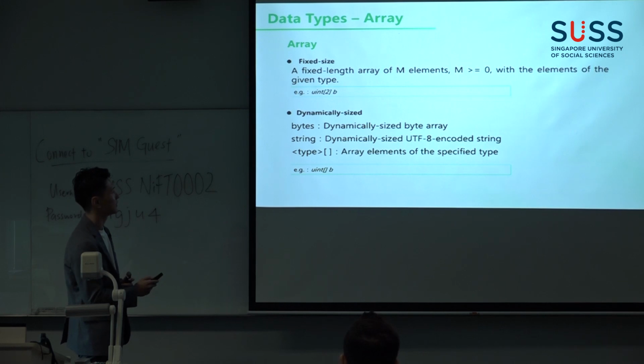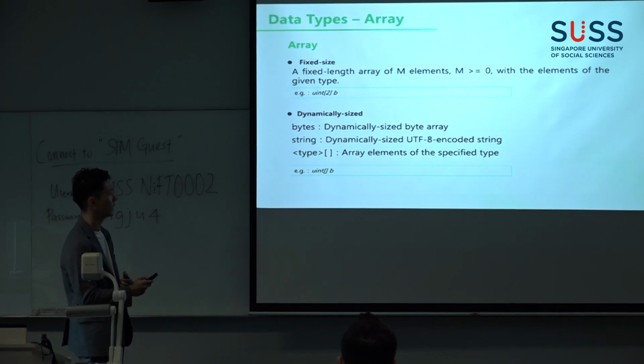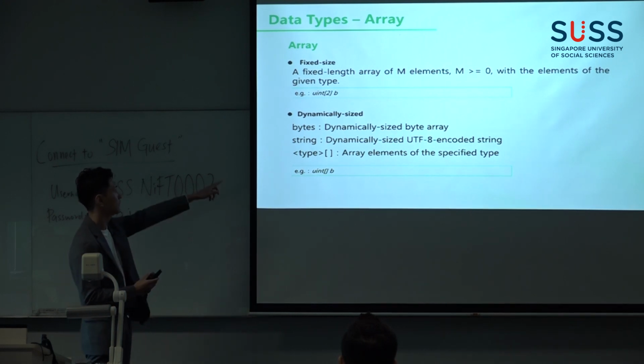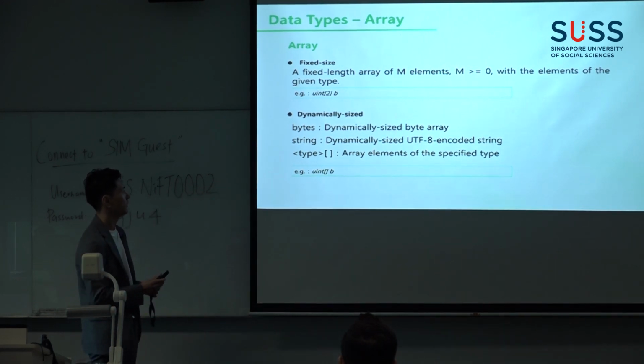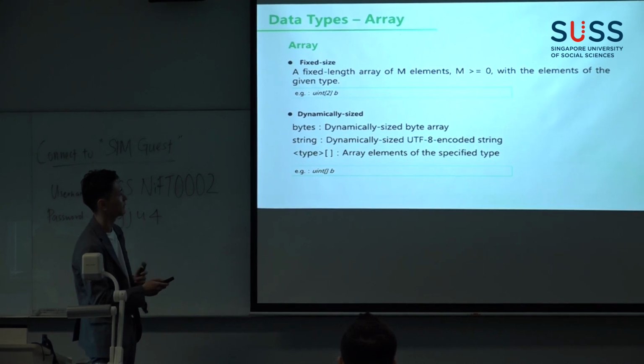The dynamically sized array is more flexible. Bytes is a dynamically sized bytes array, and we usually use bytes in Solidity to store call data. String is another type of dynamically sized array. And we can also define our custom typed array. We first write our type, then the square brackets, and we don't need to specify the size of the array.